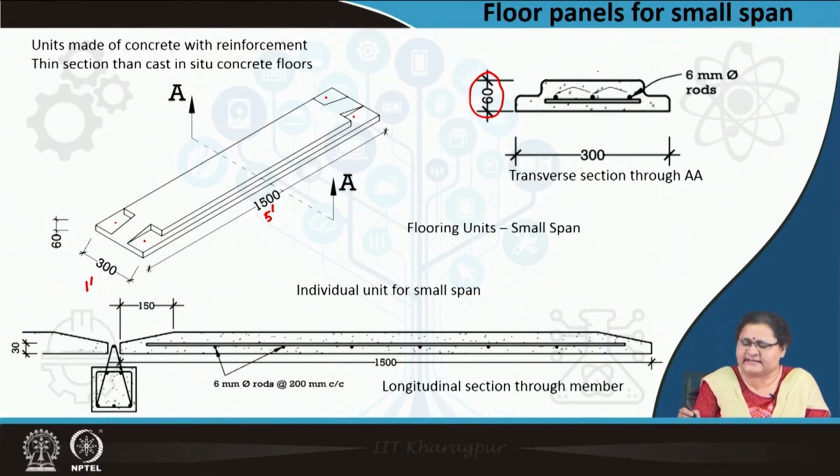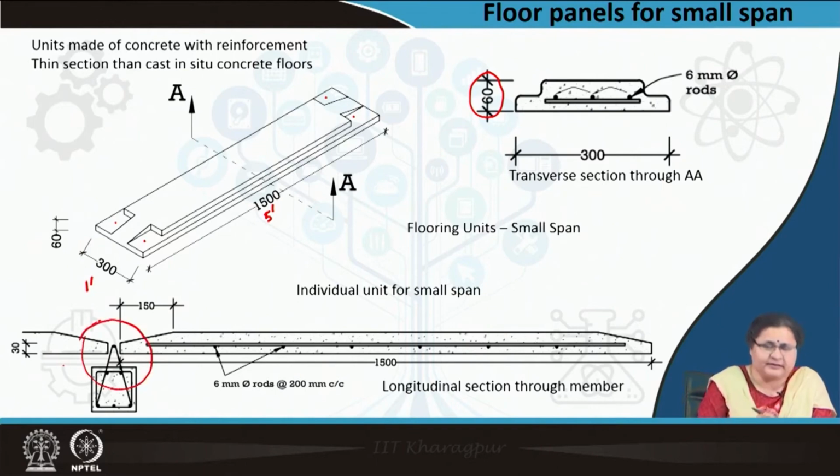You can see this section on the transverse side. Similarly, what you see on the other side is the longitudinal section. Now, here you will find a detail. When one section comes and is placed after the other, there should be some supporting member.